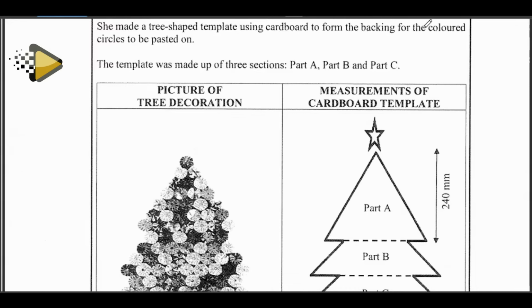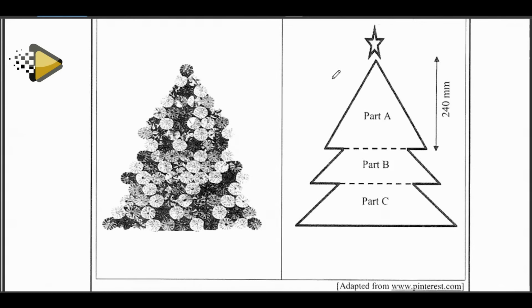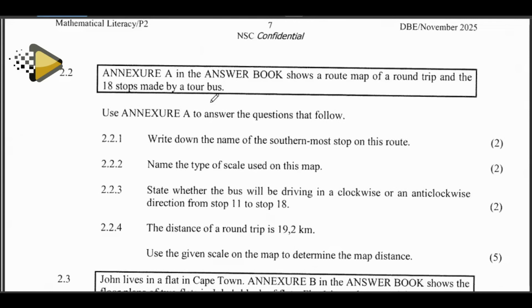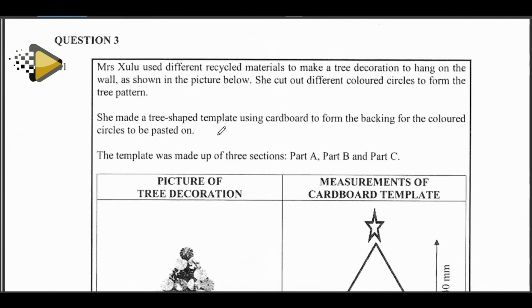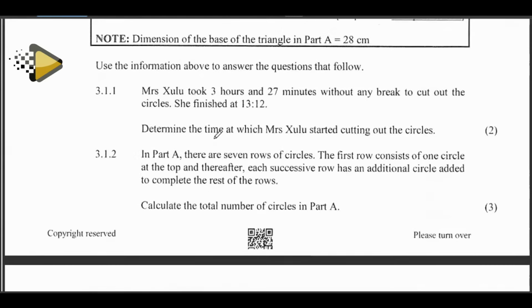The backing for the colored circles to be pasted on. Okay, the template was made up of 3 sections, part A, B, and C. We look at it like that. And the questions come in here.